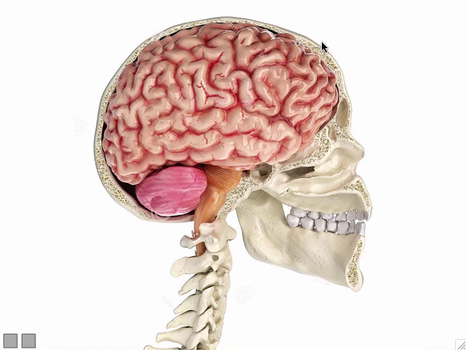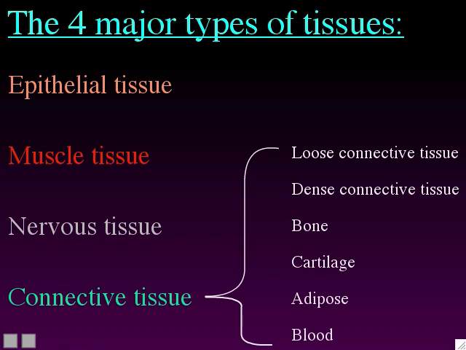And so that's why bone is considered a connective tissue. It surrounds and supports and protects another organ, in this case that organ being the brain. So all 6 of the connective tissues in some way surround, support, and protect other tissues or organs in the body. That's what makes them connective tissues.